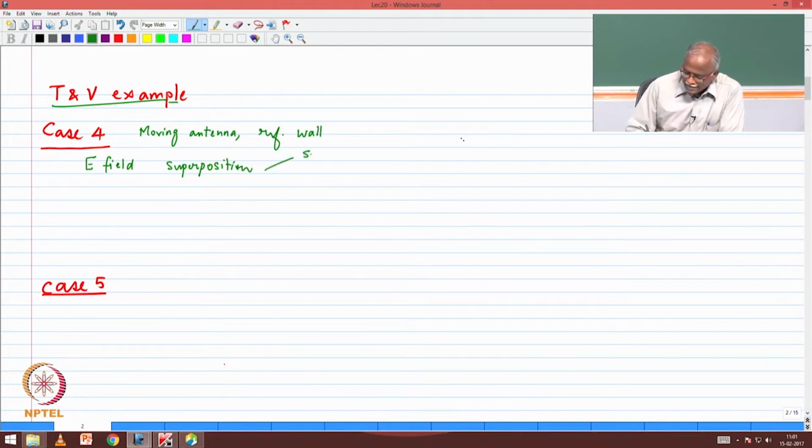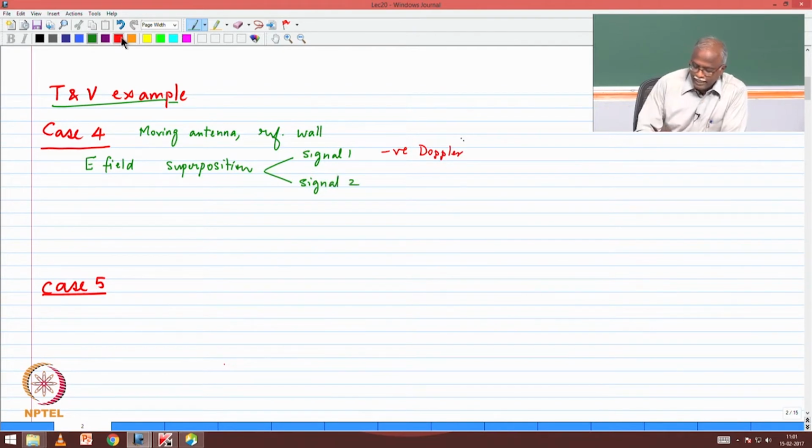Let me call the first component signal 1. This had a negative Doppler because it was moving away from the transmitter. Then there was signal 2, which was after reflection, that had a positive Doppler. And these two were interacting to produce the resultant electric field.